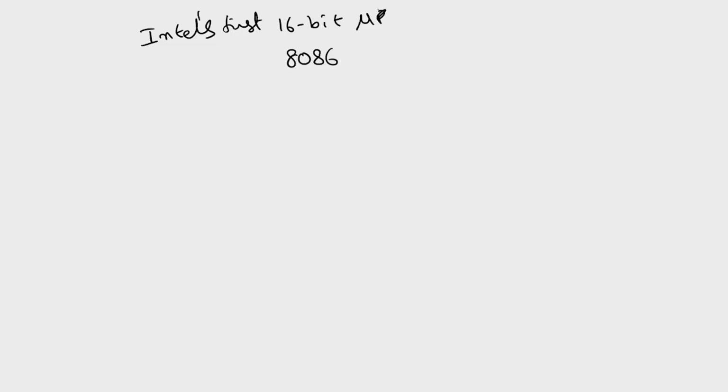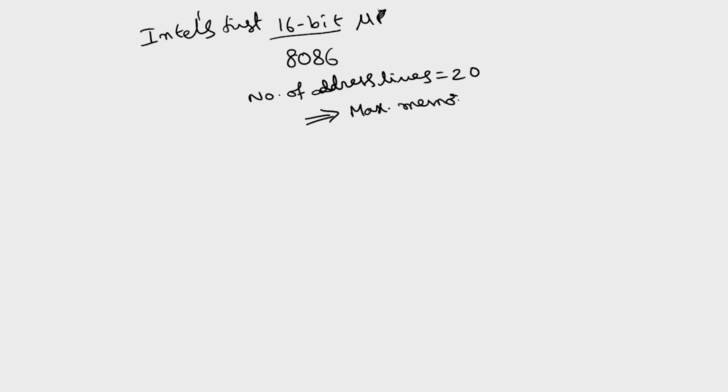The major differences between 8086 and 8085: one is the size of the ALU here is 16-bit, and the number of address lines in 8086 is 20. This implies the maximum memory capacity that can be connected to the 8086 is 2 raised to the power of 20, which is 1 megabyte.